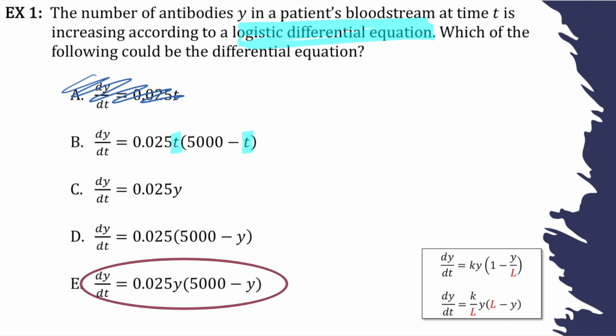If this was a logistic growth equation, those would need to be y's. That's the wrong variable of integration. And then C, yeah, C is out. And then what's wrong with D? D and E are really close, but what are we missing? We're missing the variable of integration right there.